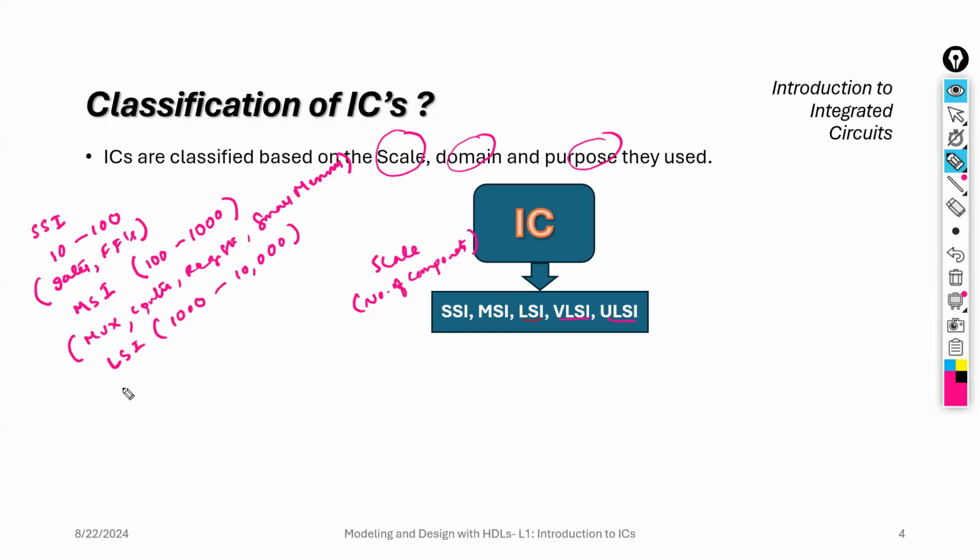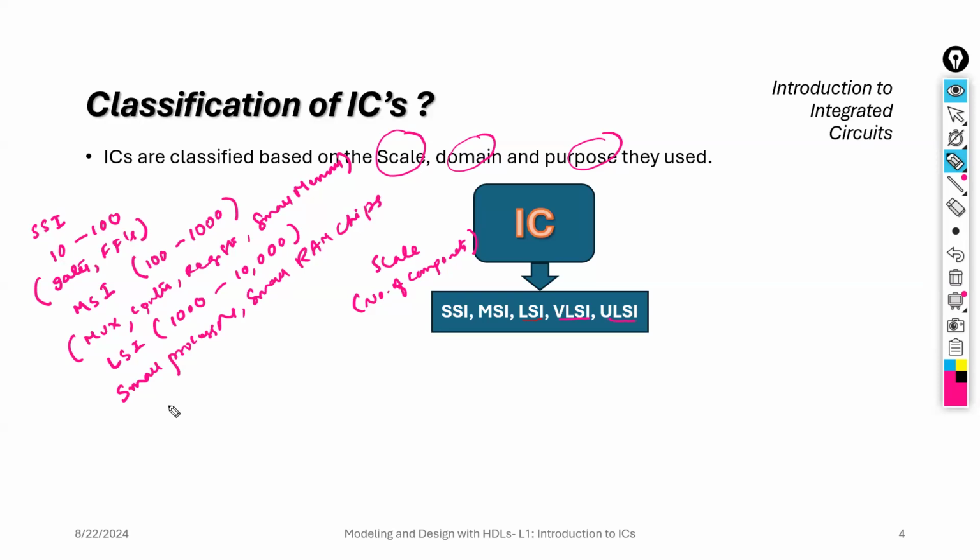We can create mostly small processors and small RAM chips. Not only these, but many things; I am mentioning small things here. Definitely it requires around 10,000 transistors or components for this.